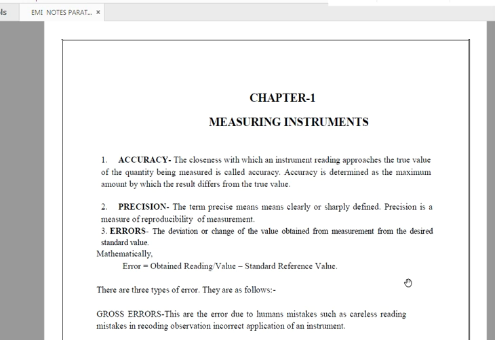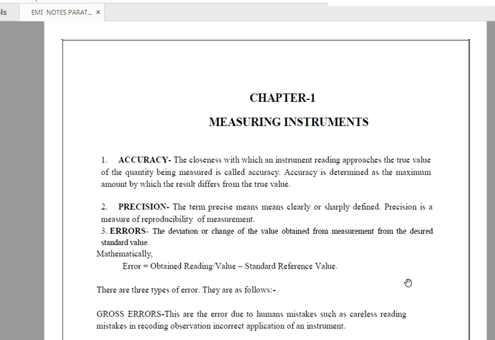Then the term errors. Error is the deviation of the value obtained from measurement from the desired standard value, the deviation between the observed or measured value and the standard value.